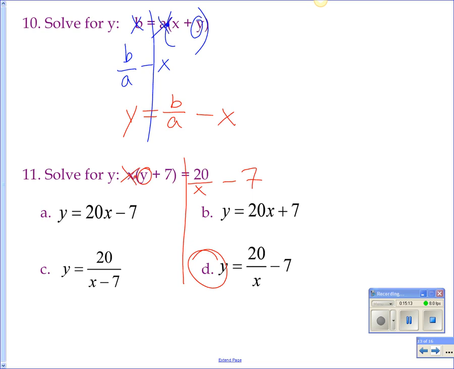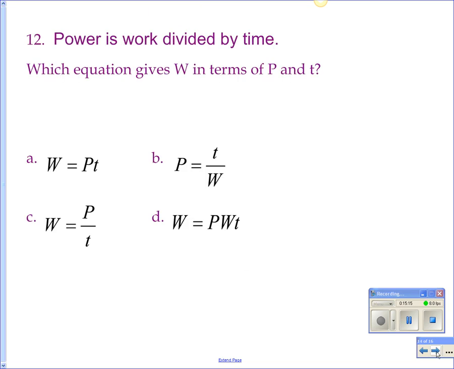All right, 2 more. Number 12, Blake, read it for us. Good, thank you. All right, so guys, on this one, do you have a math equation? No, you've got to make your own.